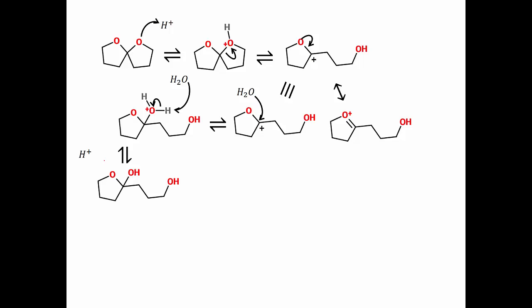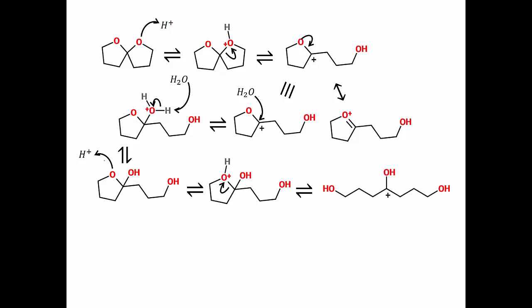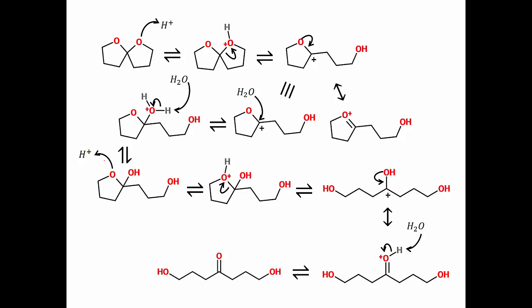So we will protonate the ether. The ether structure will leave, leaving behind a carbocation, which is stable due to the resonance. Lastly, the water will deprotonate this oxygen, returning us back to our carbonyl group.